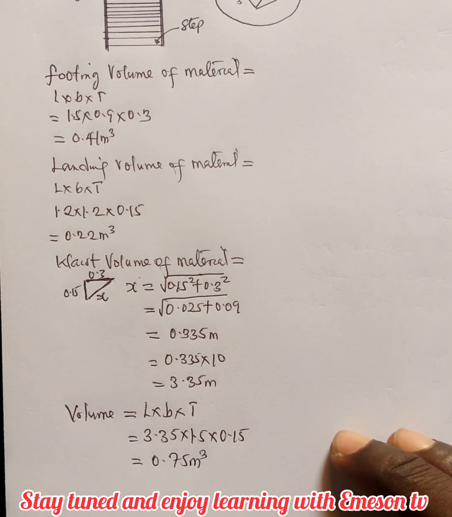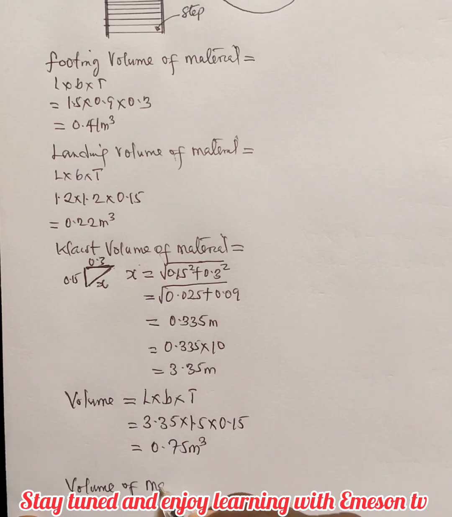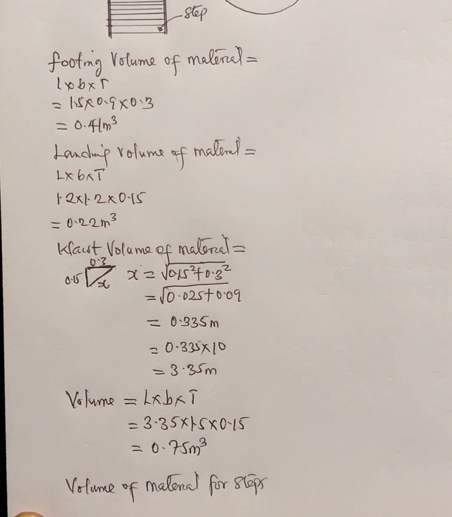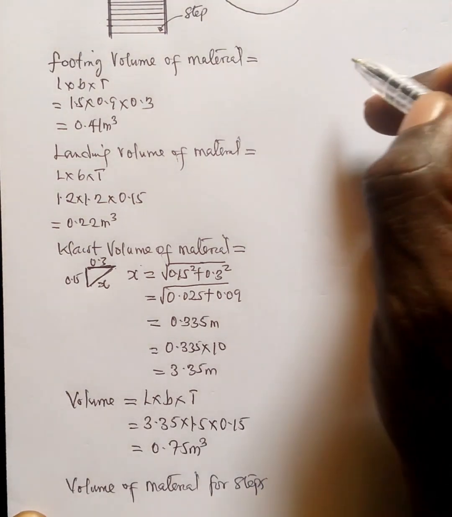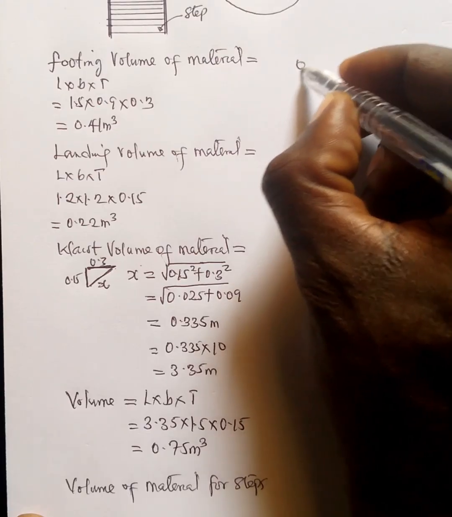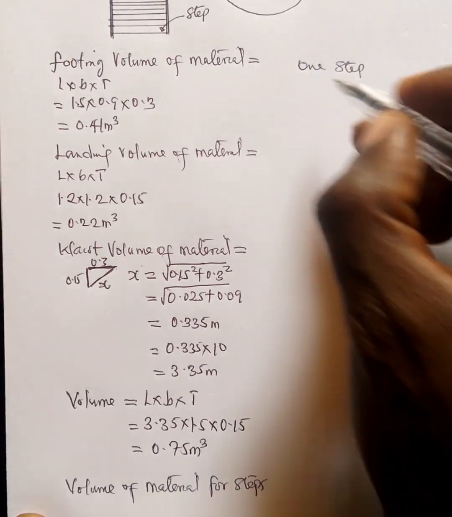The next thing that is remaining is the step. So for the step, we have to consider the volume of material for one step. Let's have the shape.